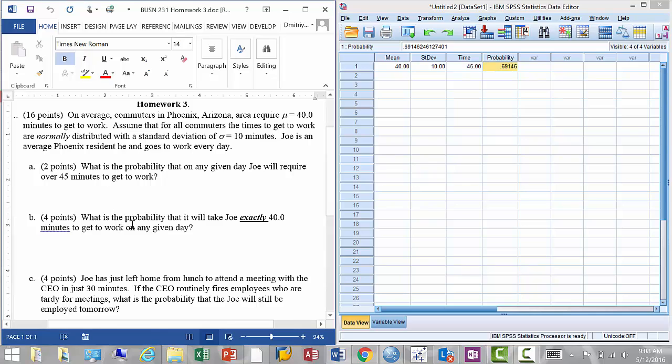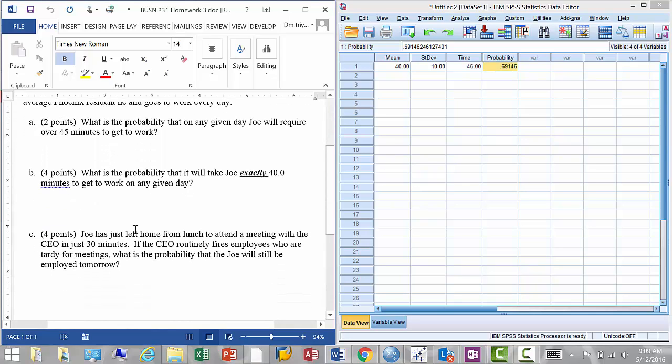The second one: what is the probability that Joe will take exactly, no more, no less, but precisely 40 minutes to get to work on any given day? We don't even need to compute that one. What's the answer? 0. Because there are infinitely many different possibilities for how much time it's going to take him.